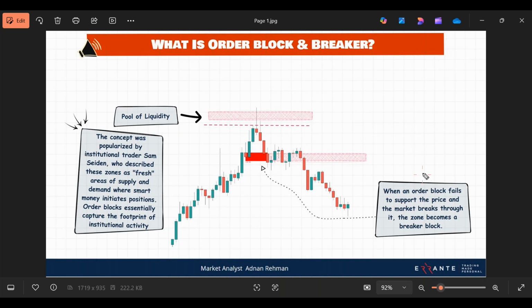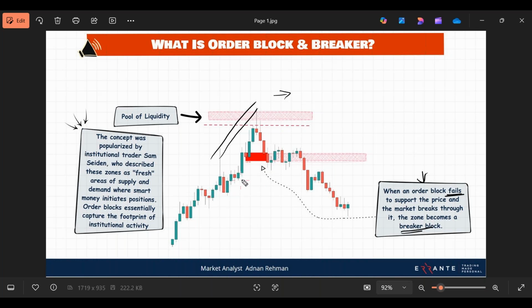And now when an order block fails to support the price and the market breaks through it, the zone becomes a breaker block. I'll explain in the upcoming slides.